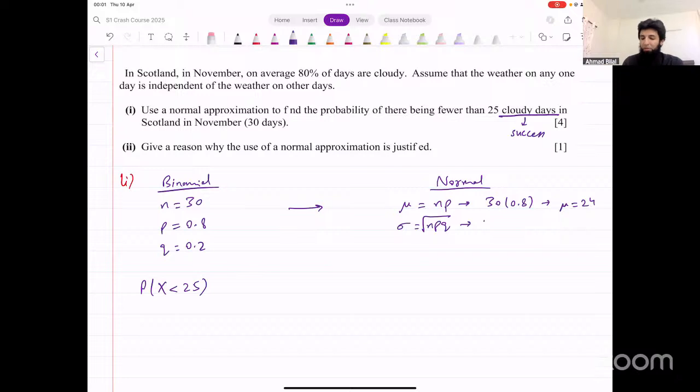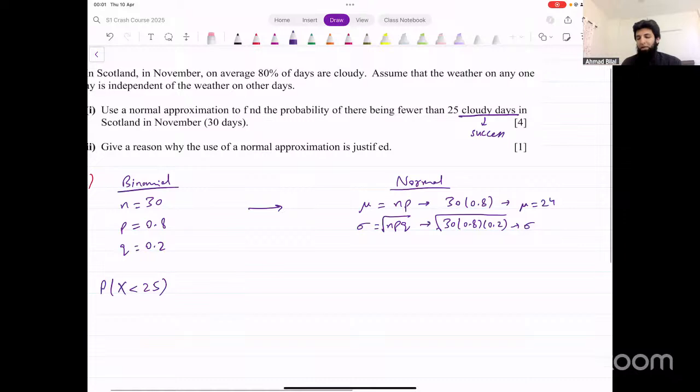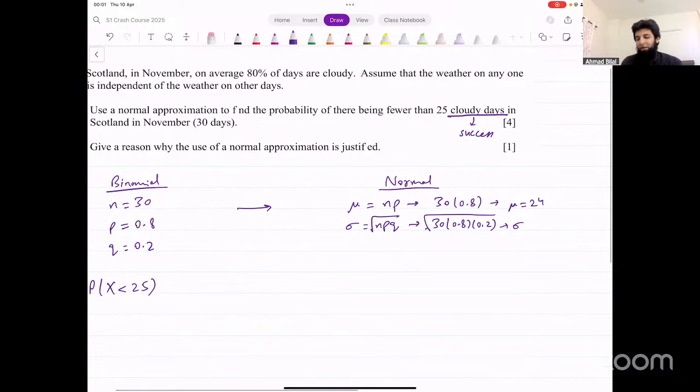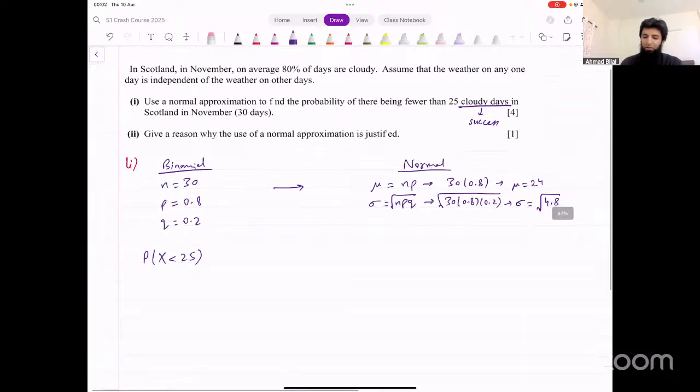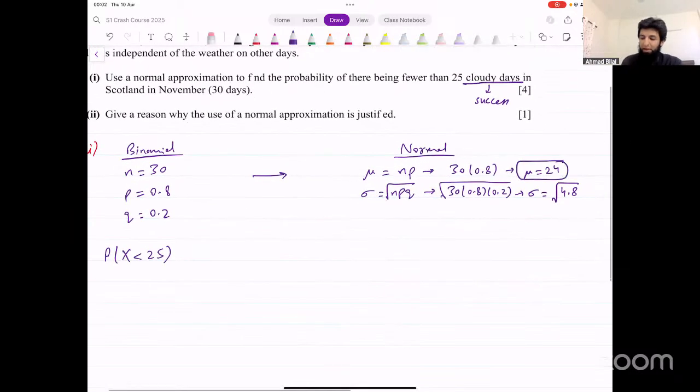That would become 30 into 0.8 into 0.2, and then the square root of that. What does that turn out to be? 24 into 0.2 is 24 over 5, which is 4.8. Square root, that's the standard deviation. So we've got the mean and the standard deviation in the normal form. Mean is 24 and standard deviation is this.